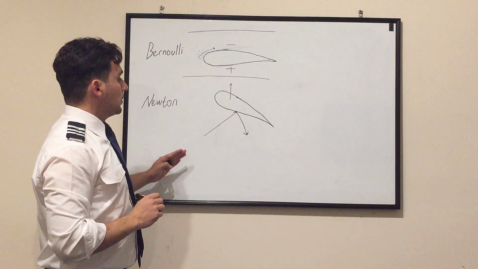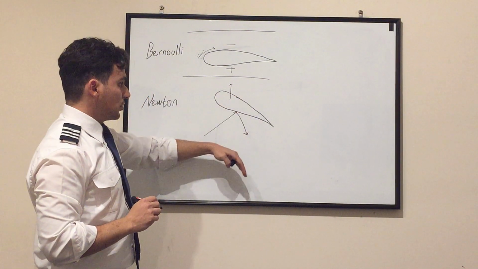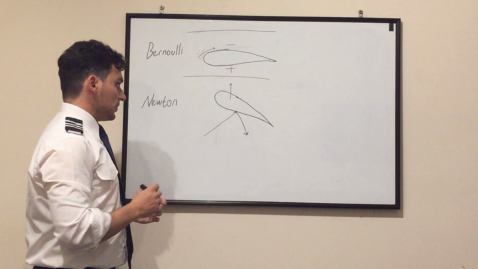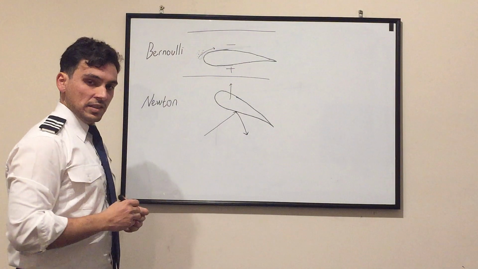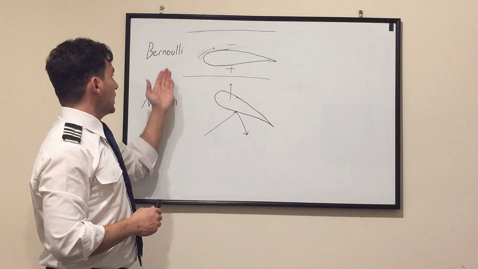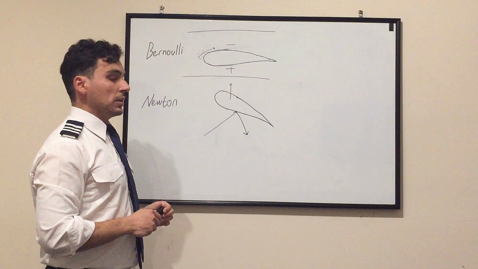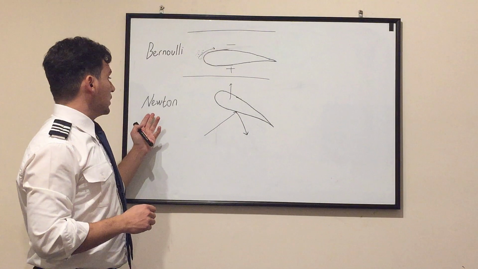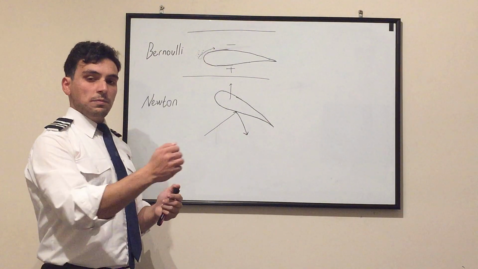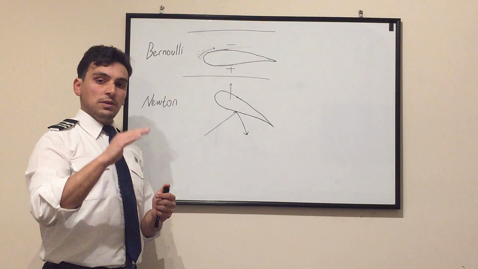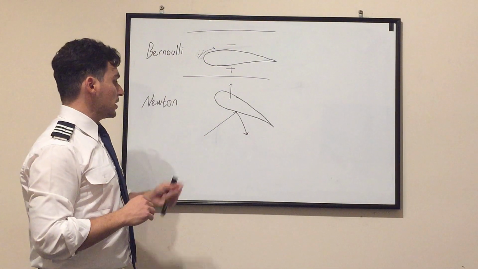And wind will strike, bounce down, and our wings will generate the lift. So basically, we can generate lift using the Bernoulli theorem by increasing our airspeed, or according to Newton's law, when we pitch up the aircraft, increasing our back pressure with the elevator, we can increase the lift.